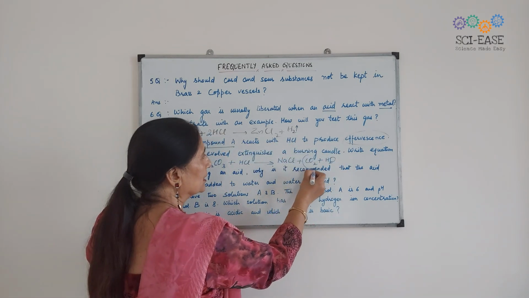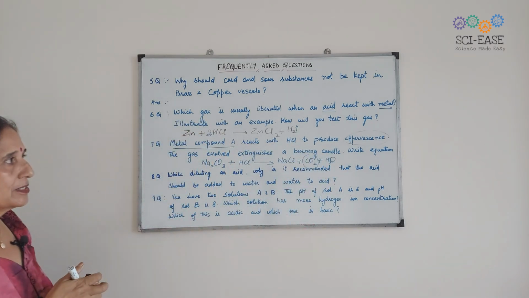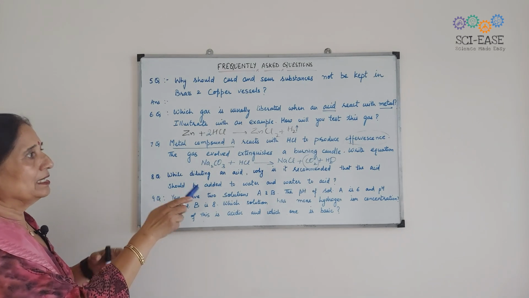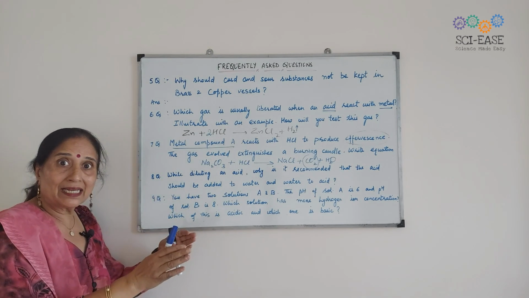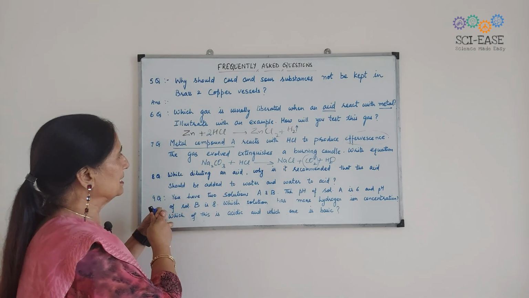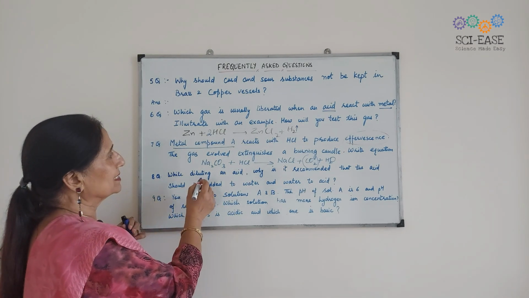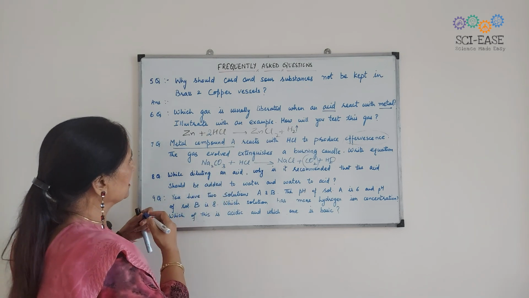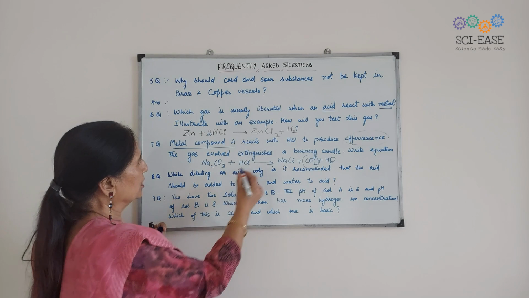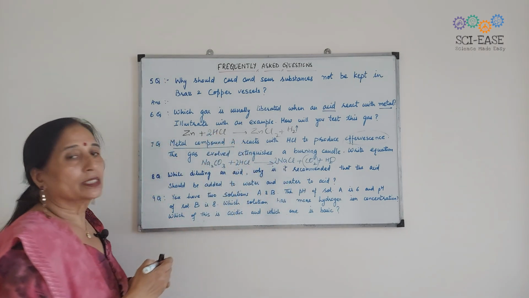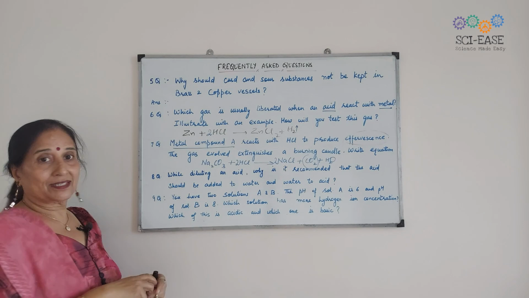So the gas which is produced is carbon dioxide, which extinguishes fire. Now you are to balance it. Sodium 2, and here it is 2. The equation is now balanced.